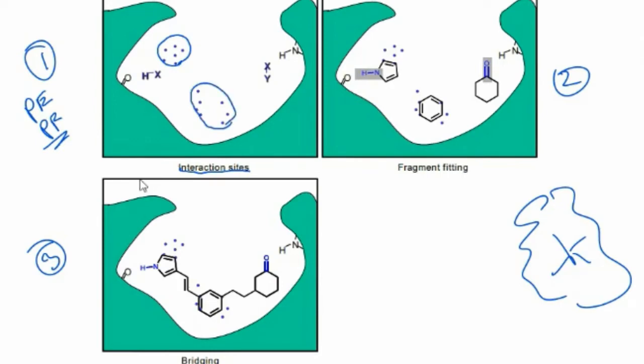It should have a hydrogen bond acceptor here. It should have a hydrogen bond donor here. That's all. Based on the key features which are mapped, we can say that there are four important regions for the ligand molecule.